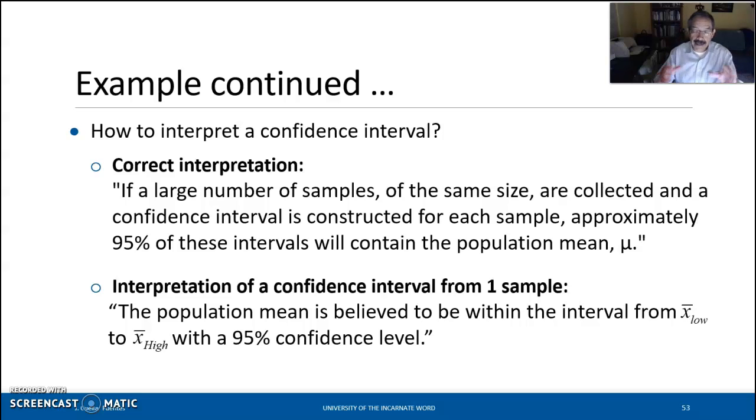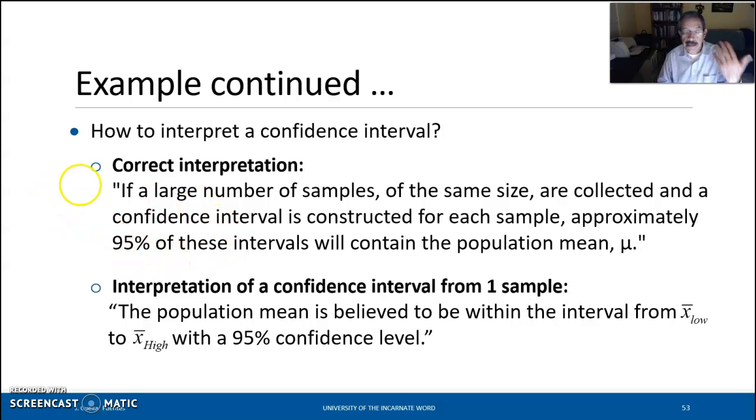The confidence interval either contains the mean or does not contain the mean with 100% probability. So we cannot say that there is a 95% probability that this single confidence interval contains the mean.